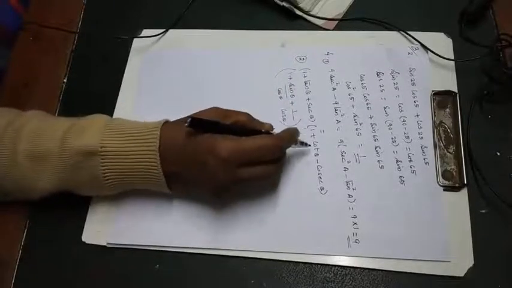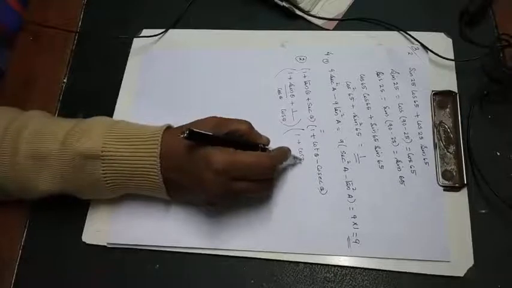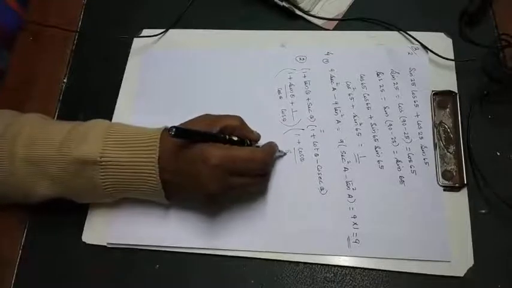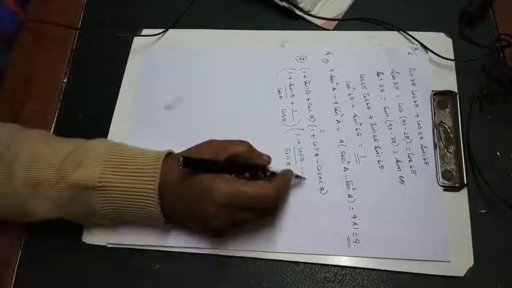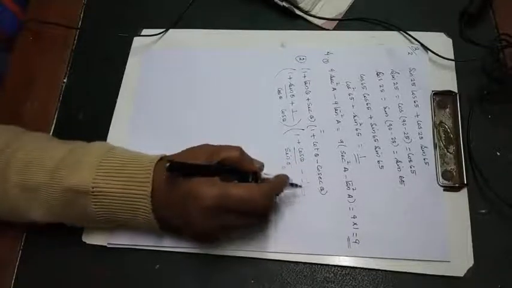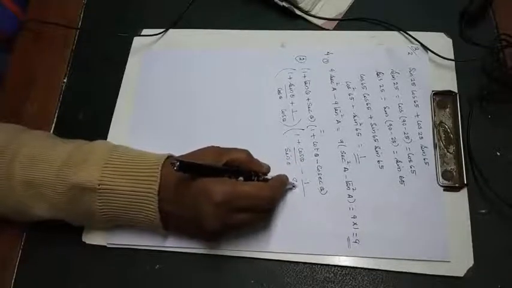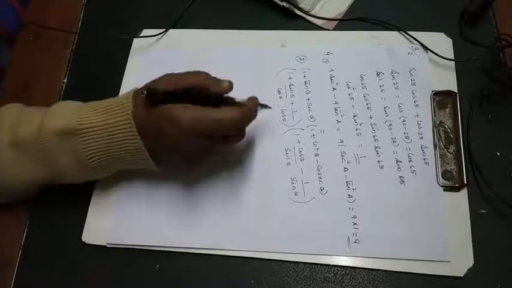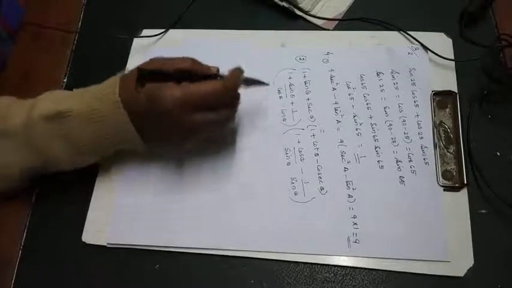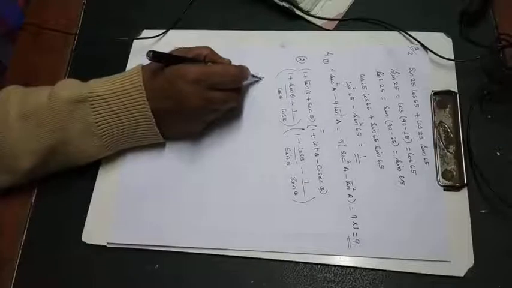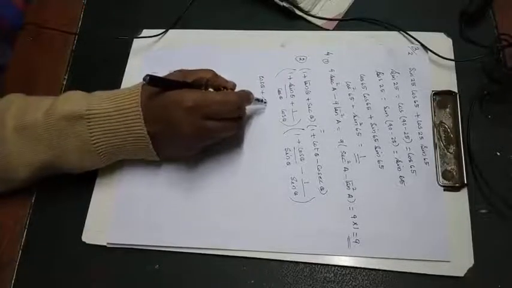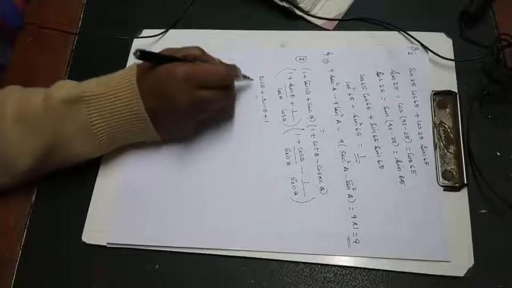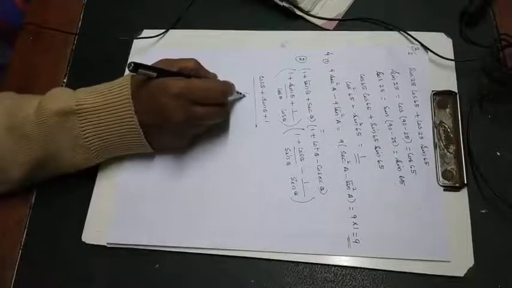Here it will come cos theta by sin theta minus 1 by sin theta. So taking LCM you will get cos theta plus sin theta plus 1 by cos theta.